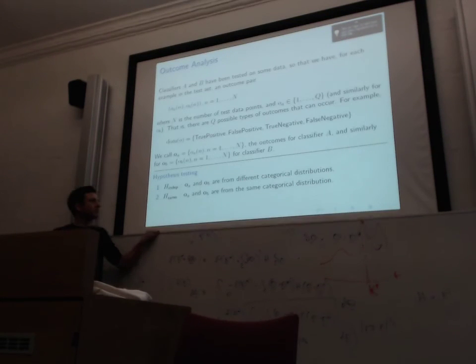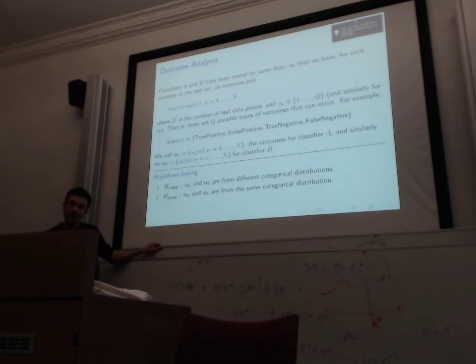Okay, so to finish up model selection, we're going to do one other example, which I call outcome analysis, but you should think about this in a fairly general sense.